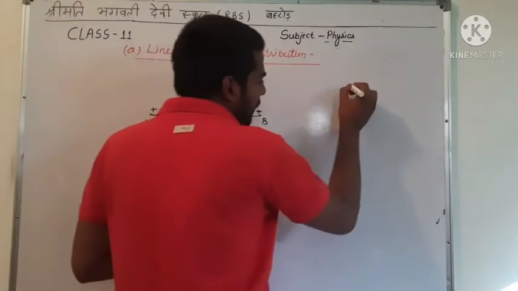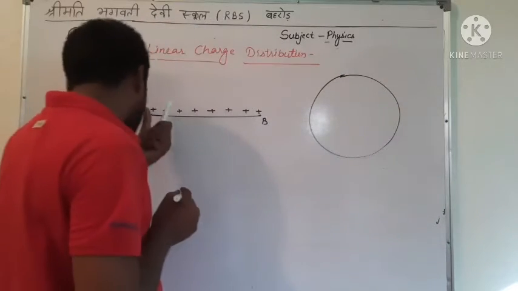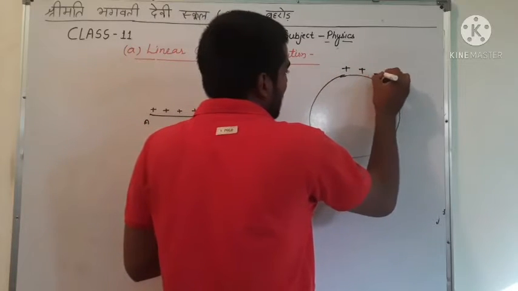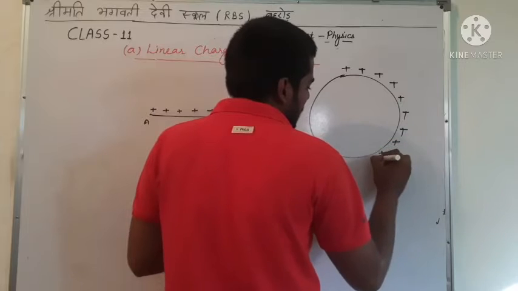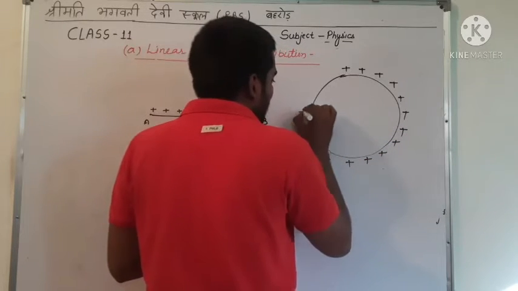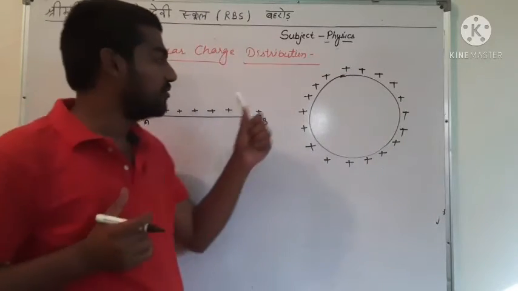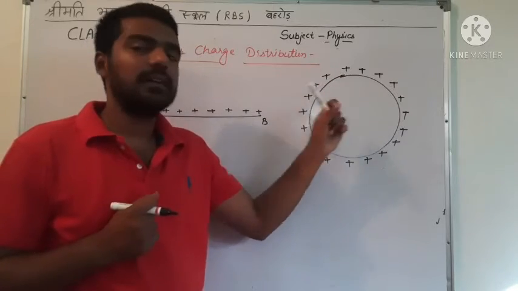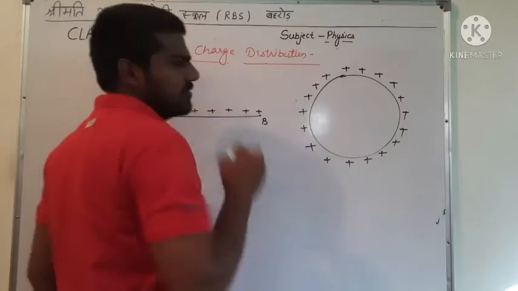Or if we have a circle, and the charge is continuously distributed on the circumference of the circle, then it is called linear charge distribution.